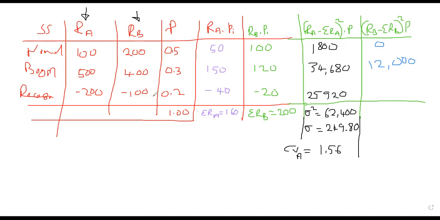Then lastly, negative 100 minus 200, squared, times 0.2. So here you need to be careful. Negative 100 minus 200, we're going to get minus 300. So minus 300 squared, you're going to get 90,000. 90,000 is positive. Whenever we're squaring anything, it becomes positive. You multiply it by the probability of 0.2, which will give us 18,000. So the total we're going to get is called what?